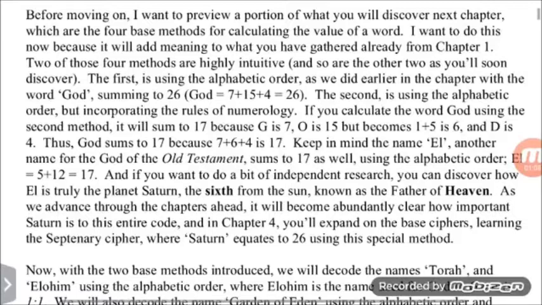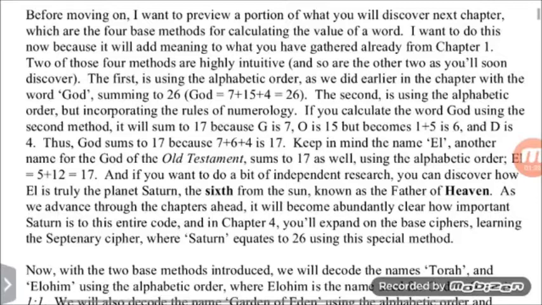Thus, God sums to 17, because 7 plus 6 plus 4 is 17. Keep in mind, the name El, another name for God of the Old Testament, sums to 17 as well. Using the alphabetic order, El equals 5 plus 12 equals 17.